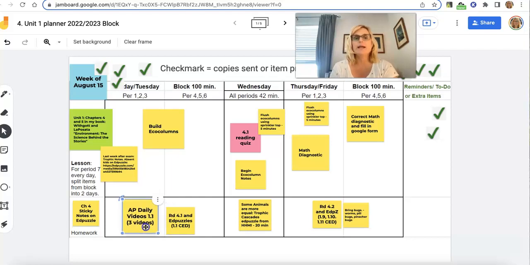And I actually purchase from Teachers Pay Teachers reading guides that they fill in the blanks, from a seller called She Cartoons, she as in S-H-E cartoons. She has fill-in-the-blank worksheets for all the AP Daily videos. Their homework is also to read and watch a few corresponding Edpuzzles.